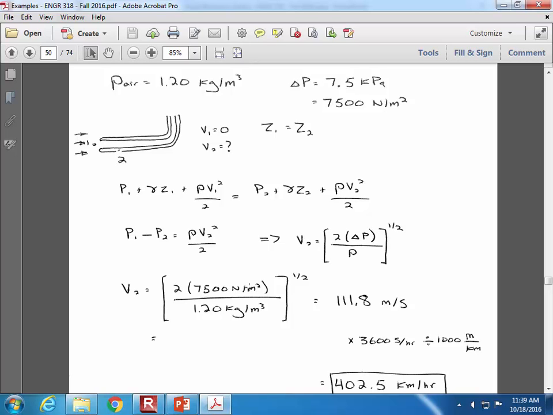And so I'm going to leave the kilograms down here in the denominator and move the meter cubes up into the numerator. Okay, so we've got meters to the 4th divided by meters squared. So that's going to be meters squared in the numerator. The kilograms cancel out, and then we've got the seconds squared in the denominator, and then the square root of that ends up giving us meters per second. Sure, yeah. Other questions?